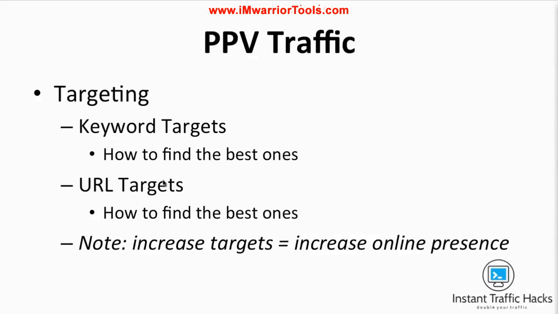So when you are running a PPV campaign, let's just talk about the display ads. With the display ads, you can target keyword phrases. So if somebody's in a search engine like Google or Yahoo and they're searching a specific phrase, like improved golf swing, and you're bidding for that phrase, then your ad has a chance to be delivered right there to the user.